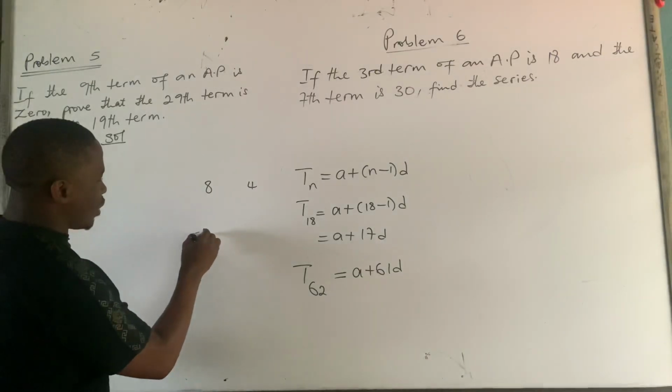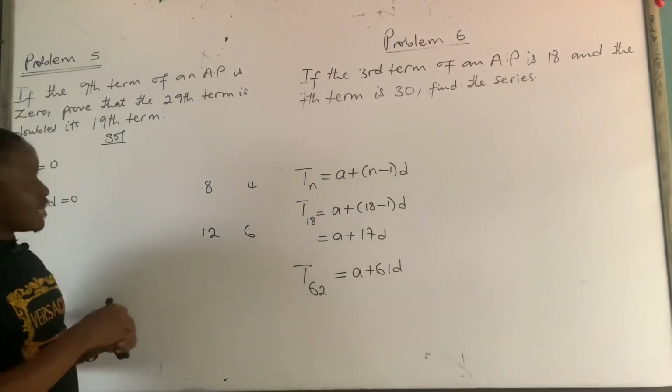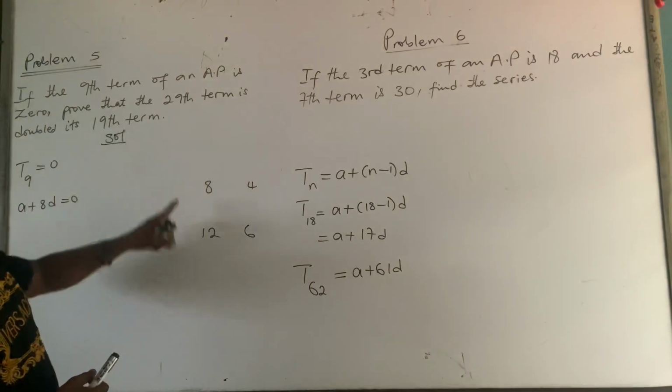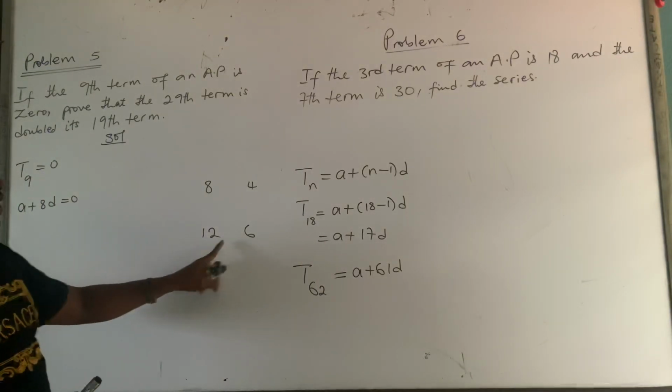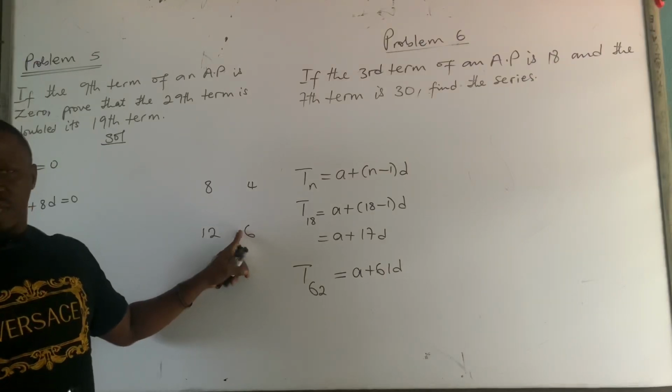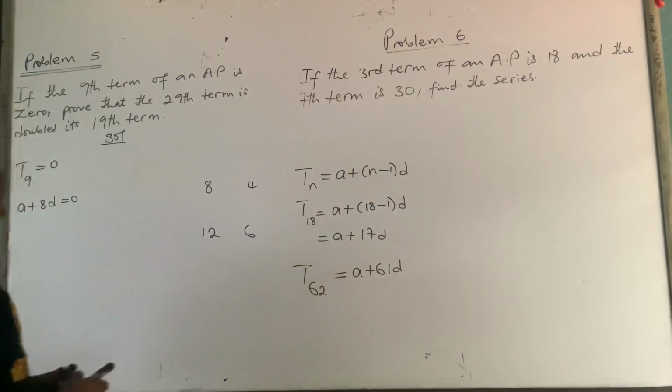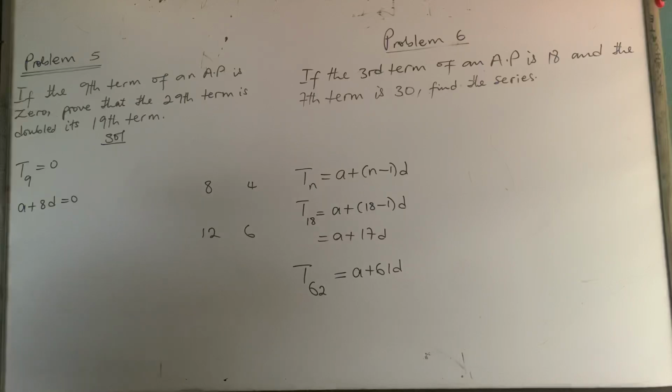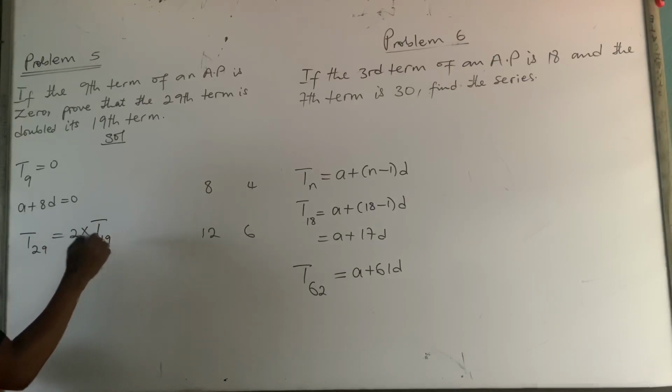Now we can say 12 and 6. This is just an example of the same. 12 doubles the 6. So if we want to show that the 29th term is double its 19th term, we want to show that the 29th term is 2 times the 19th term.